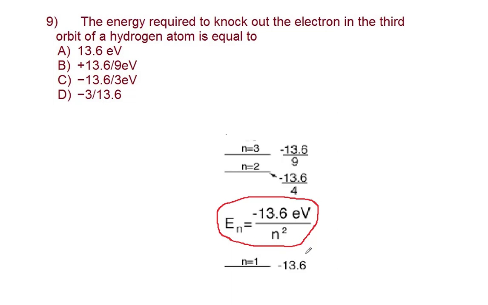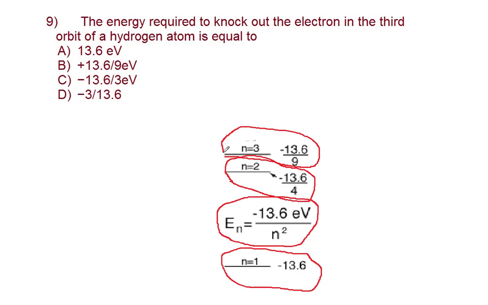For the first case, if n is equal to 1, the energy of the electron is minus 13.6. For the second orbit, n is 2, so n square is 4, and the energy is minus 13.6 divided by 4. For the third orbit, the energy is minus 13.6 divided by 9.